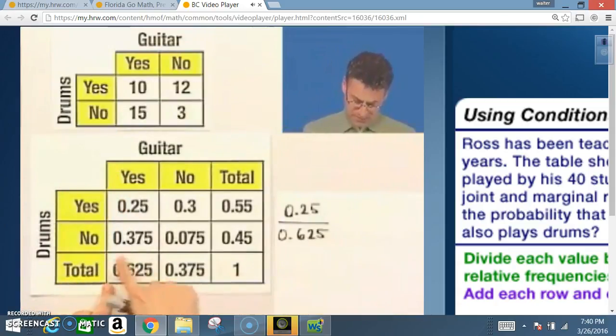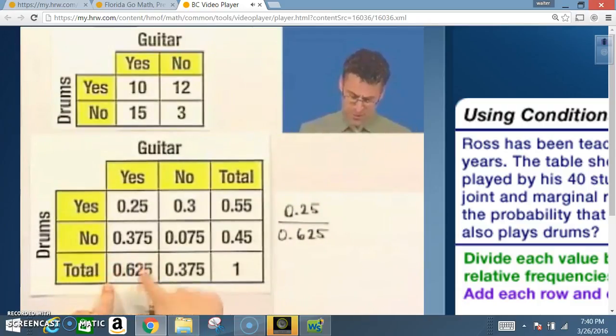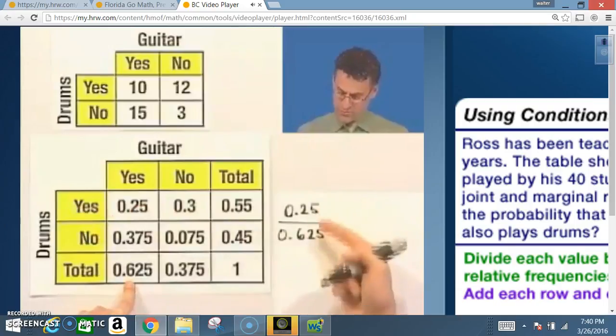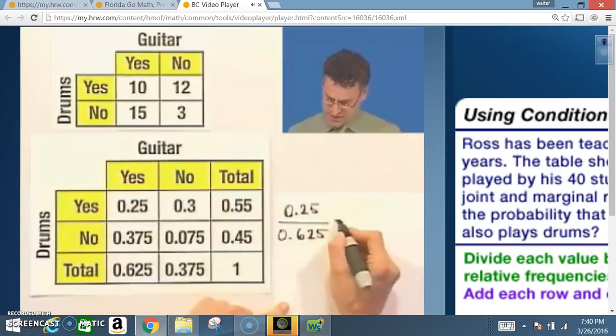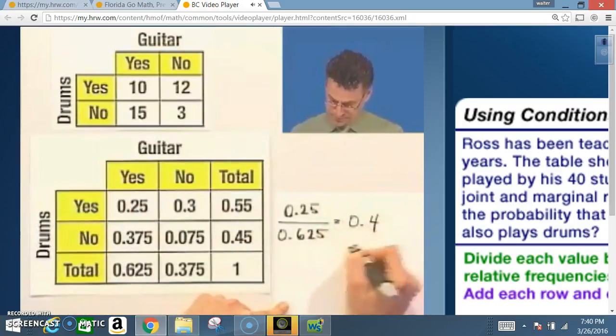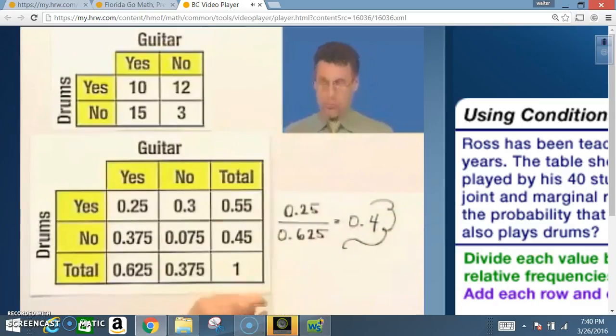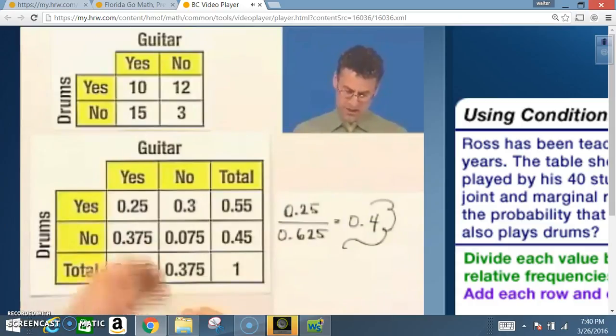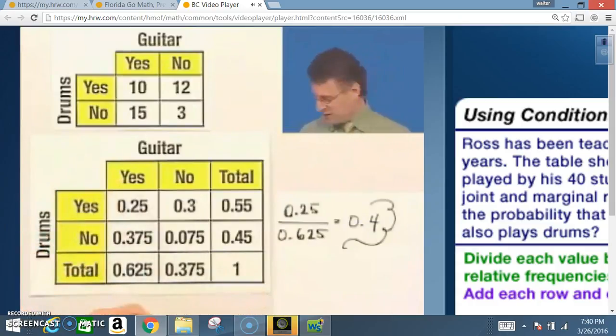This is the relative frequency of those people that play guitar, and out of that, how many also play drums? That's this. If you divide this, you see 0.4. So the probability is 0.4, or 40%, that a student who plays guitar also plays drums.